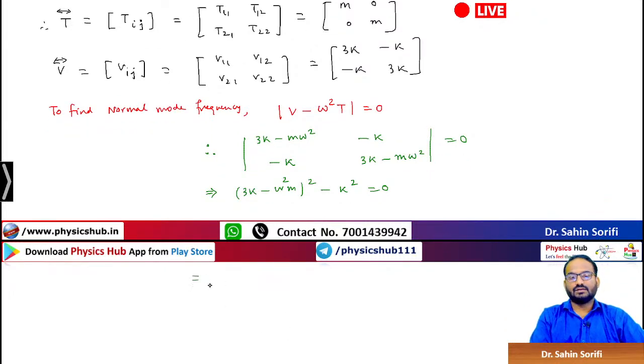You can just use the formula of a square minus b square. So it is (3k minus m omega square plus k) into (3k minus m omega square minus k) is equal to 0.